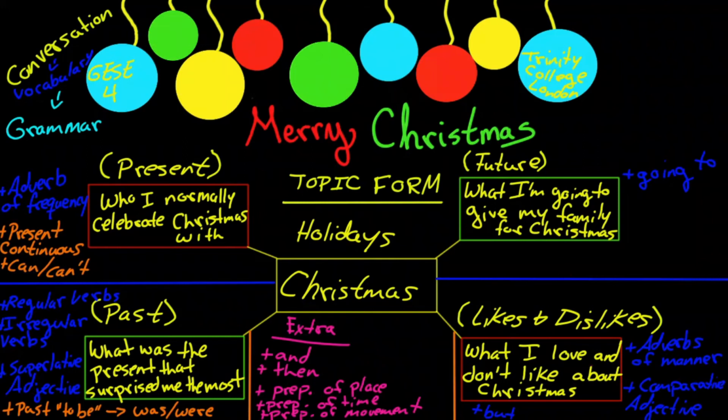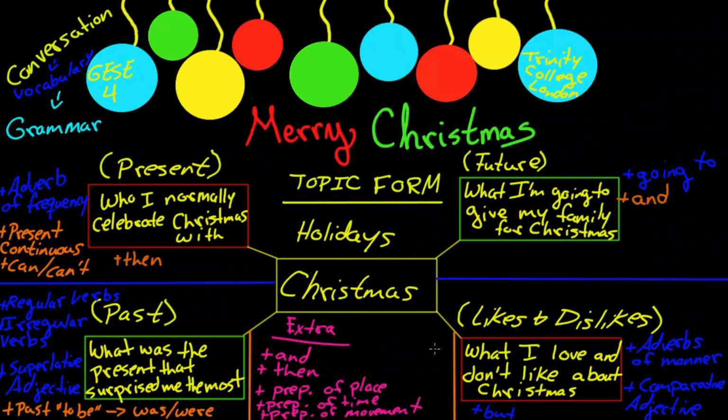So let's go ahead and put this back on. Okay, so maybe this, I'm going to make sure to add it in going to. And maybe then I'm going to go ahead and add it over here. Then. Preposition of place, of time, and of movement.